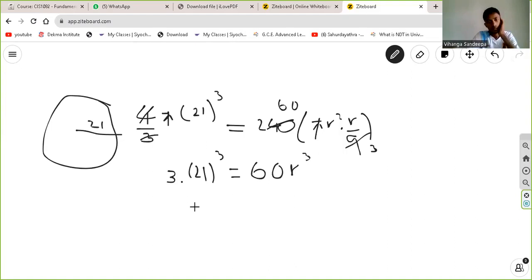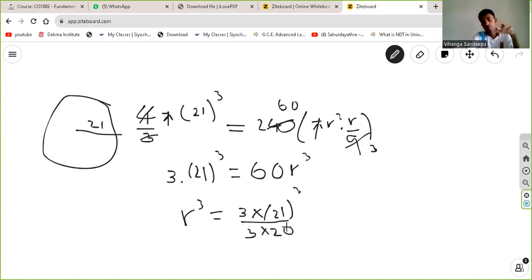Then r to the power 3 is 3 into 21 to the power 3 over 60. 60 means 3 into 20.